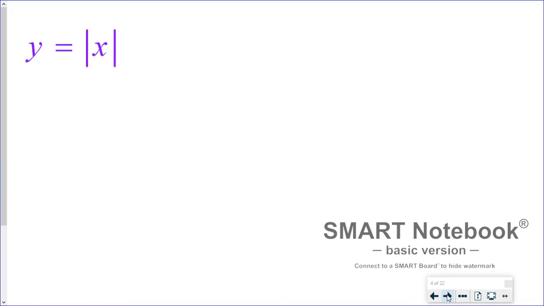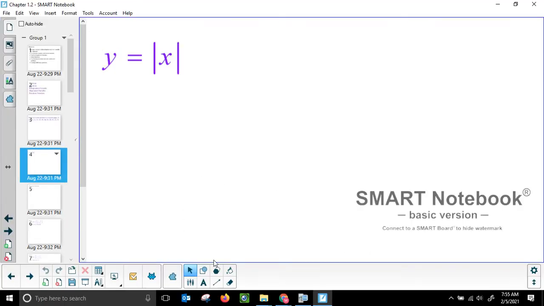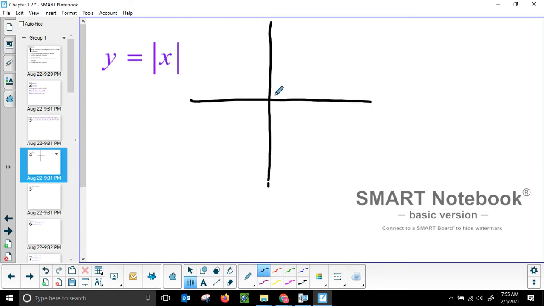So here, of course, we have the absolute value function, which looks like a V, and of course it looks something like this.